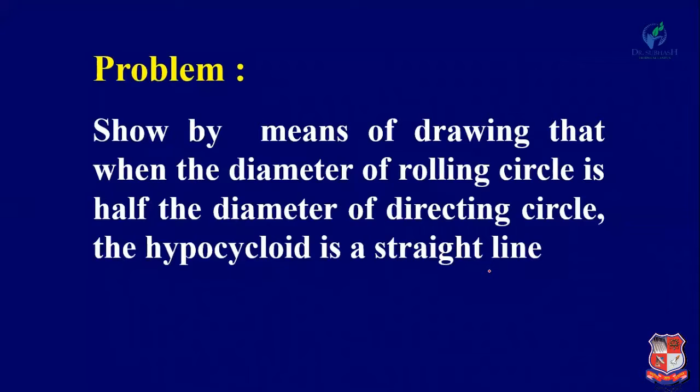Now one more example: show by means of a drawing that when the diameter of the rolling circle is half the diameter of the directing circle, the hypocycloid is a straight line. So if the diameter of the rolling circle is half the diameter of the directing circle, then the hypocycloid you will get will be a straight line.